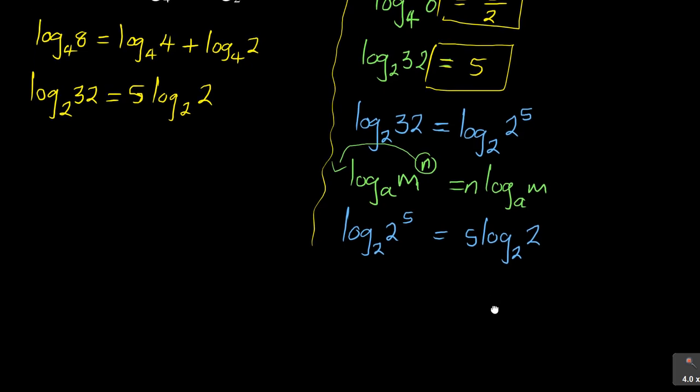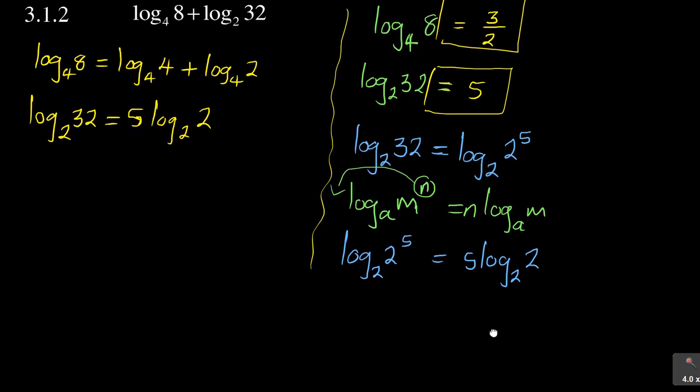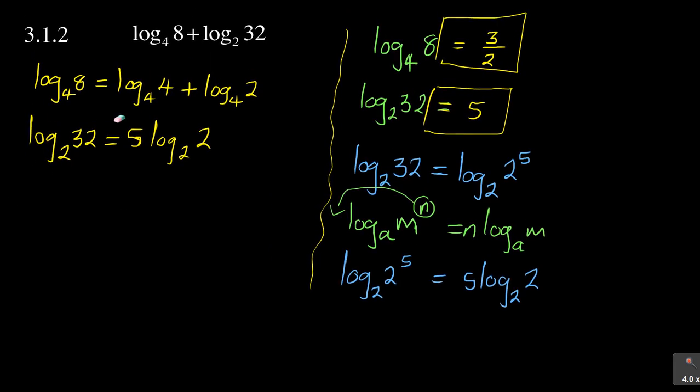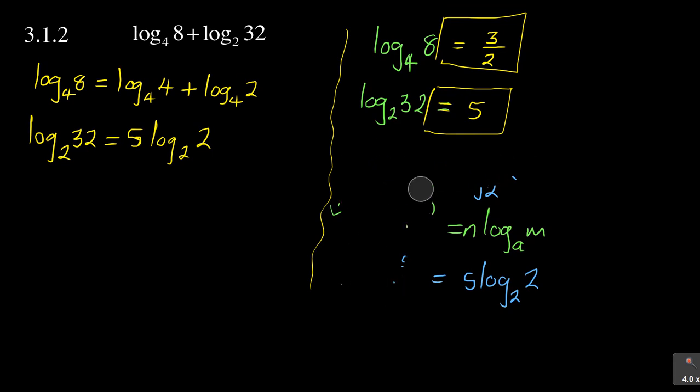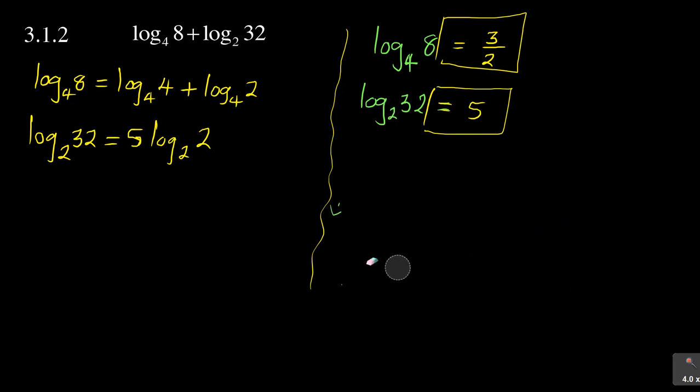Remember, this is your working that you must not lose, so you need to show your working. Now the next part of the law which you need to recall, which we just looked at previously, says that if you are given log a of a, if the base and the number are the same, it gives us a 1.